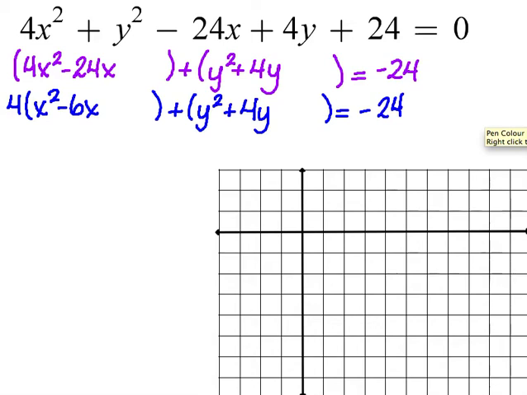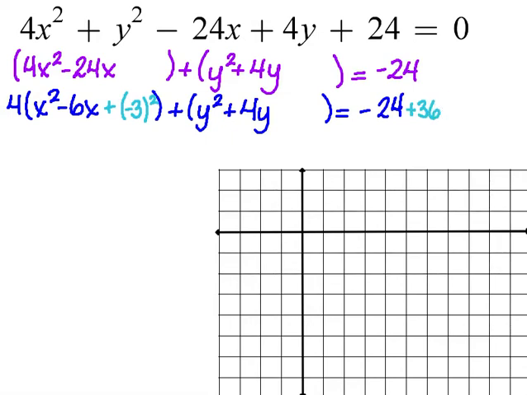You're flying. So now, half of 6 is 3. Negative 3 squared is 9, but I've got a 4, so it's 36. Good. So 36 here.